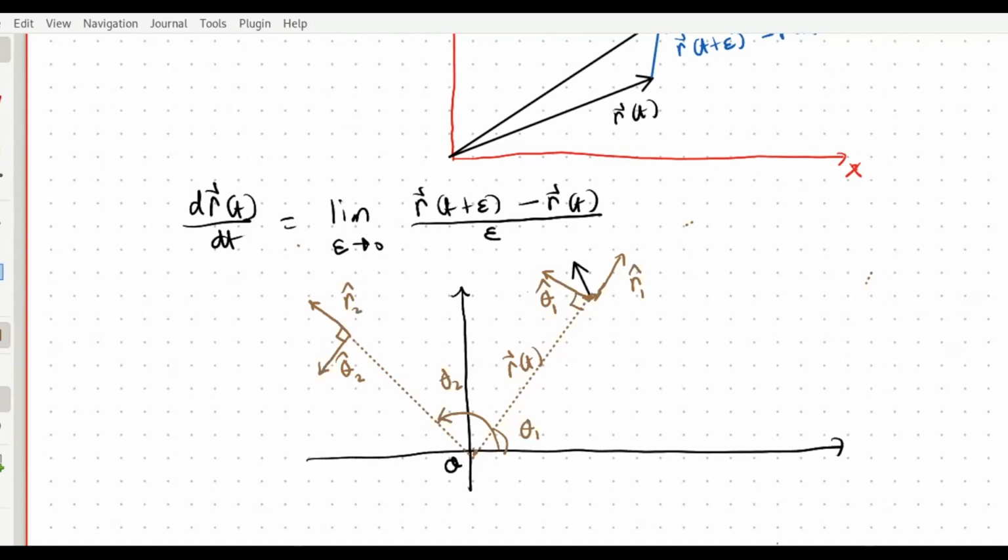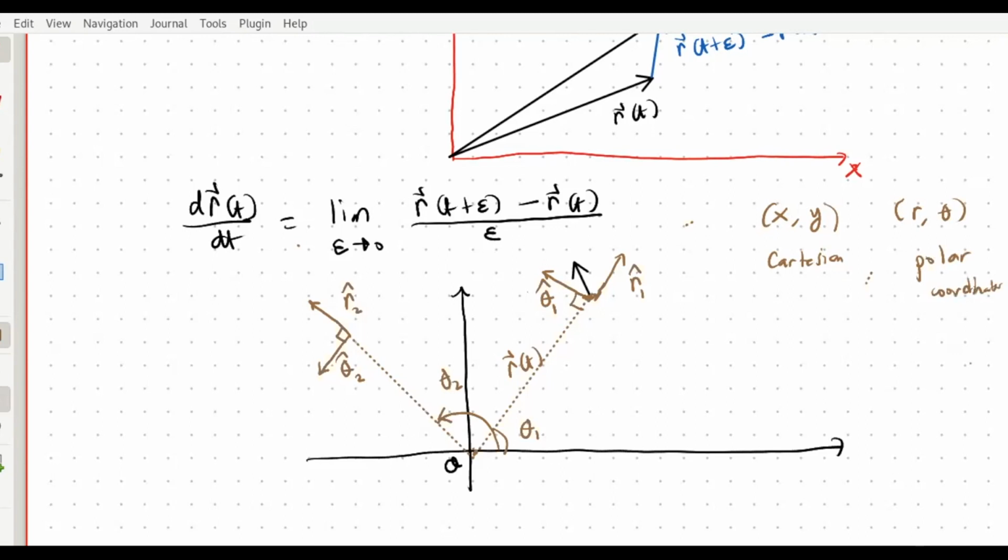Given these vectors, we have two ways of expressing the position. We can express it in terms of x of t, y of t, the Cartesian coordinates, and we can also express it in terms of r and theta, which are the polar coordinates.